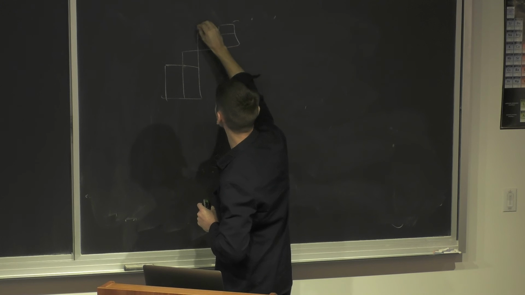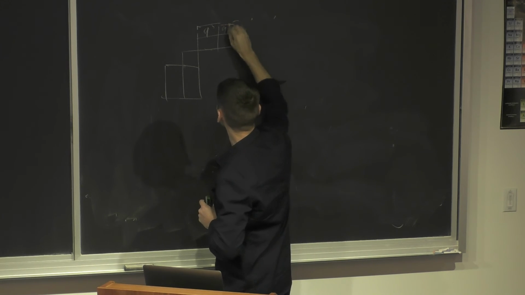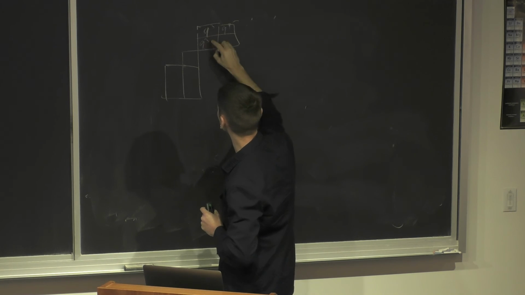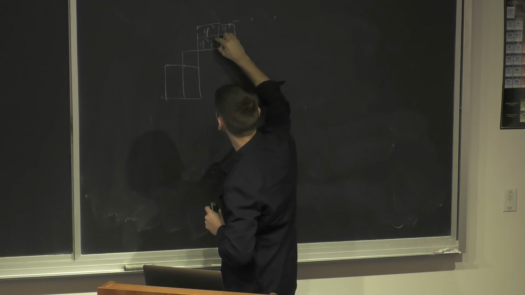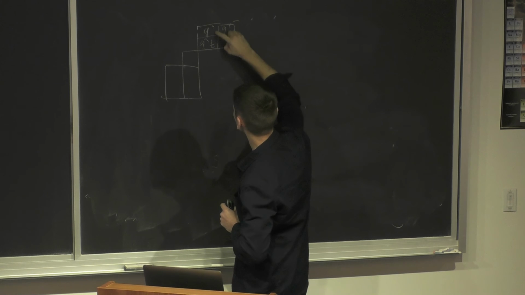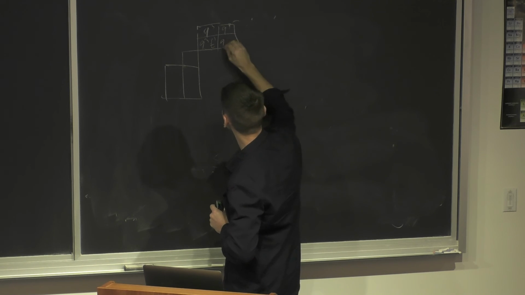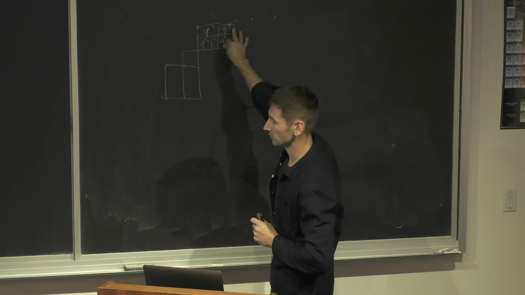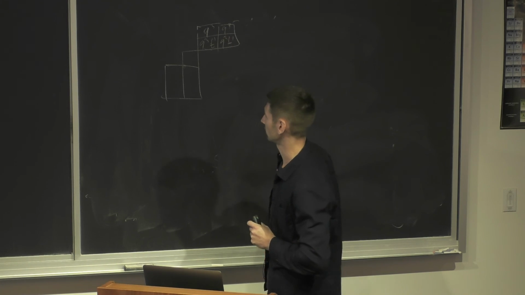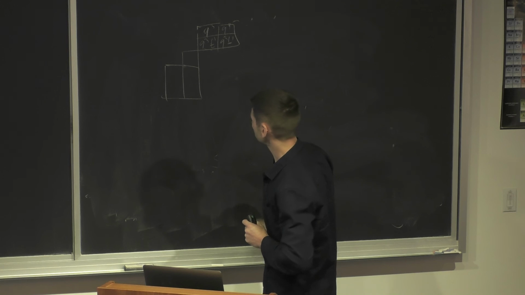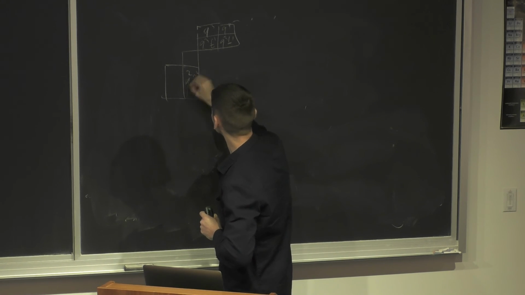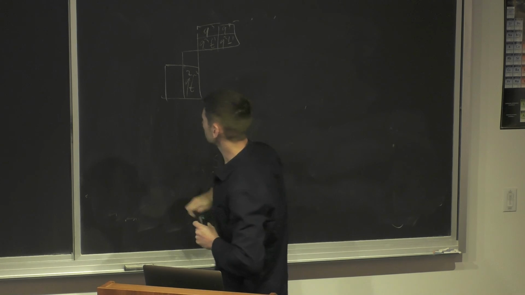So in this case, 3. This is q to the power 4. This box has the number of boxes to the left, 3, and t to the power minus the number of boxes from the top, so minus 1. So for any box, you calculate this kind of content. So this will be t to the power 2, t to the power minus 3. So this is the evaluation map.